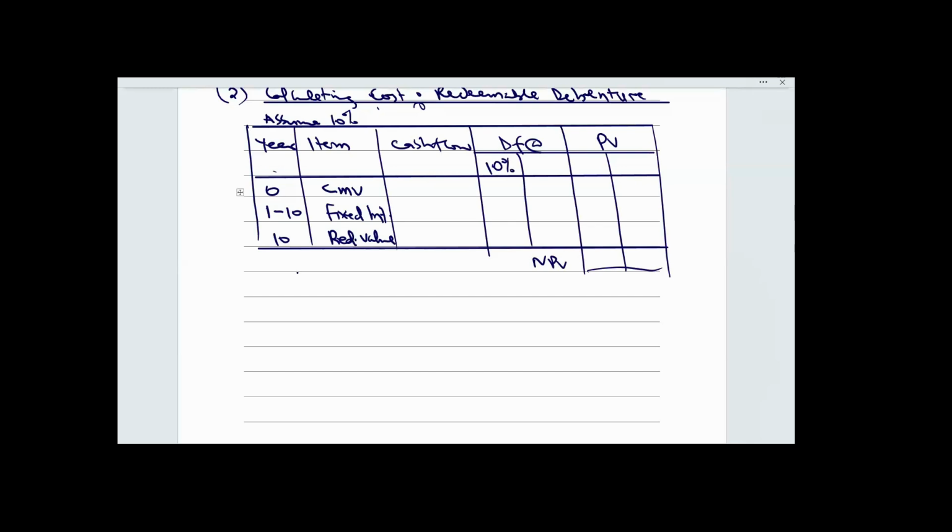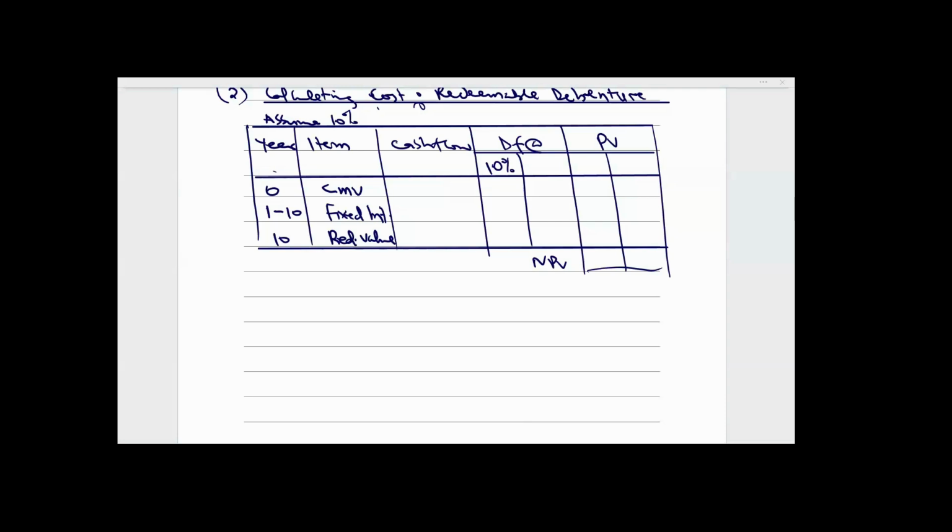So I will go back to the question under cash flow. Under cash flow, what would be my current market value of the debenture? According to the question, we are told that the debentures are redeemable at par in 10 years' time.